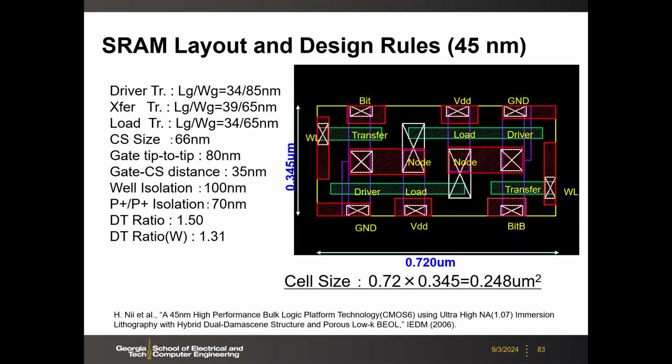So here are some real examples. This is from IBM, I believe, 45 nanometer. So this is a real layout from, whatever, EDA Cadence, for example, right? If you look at the layout, it may look something like this. And this is a real design for this particular technology node and particular process.